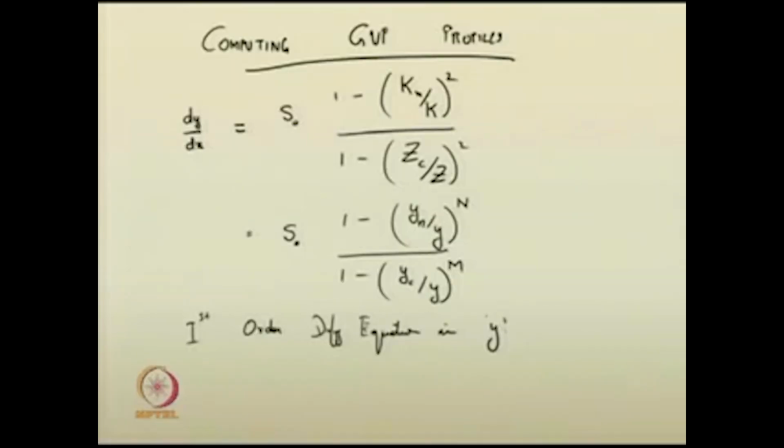One can begin with the control sections where the properties are known initially, and from there one can start computing the profile, like we discussed in the last class about the control sections. So, based on one control section, one can easily start the profile computations.